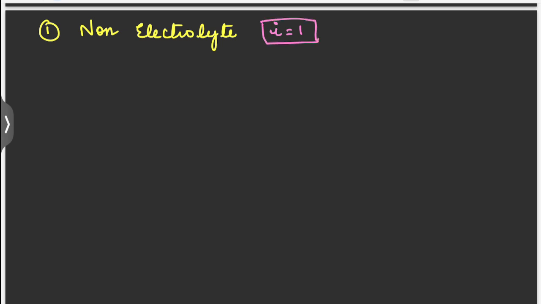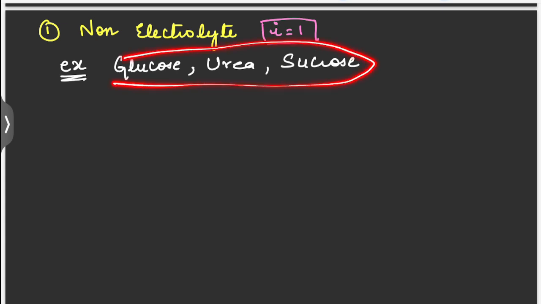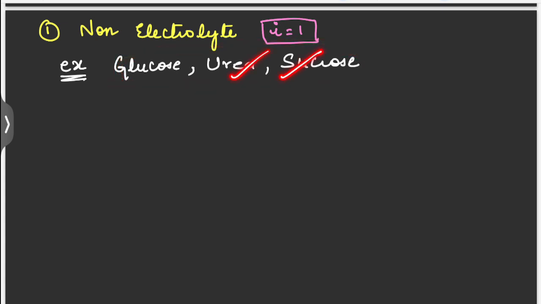Let us see how the i value becomes equal to 1 for non-electrolyte. Examples for non-electrolyte are glucose, urea, sucrose. All these are non-electrolytes. That is, if you put them into water, they are not going to break into ions. That is the meaning of non-electrolyte.